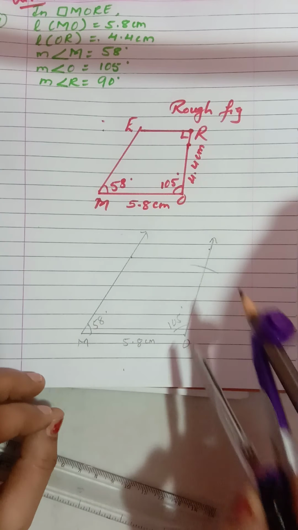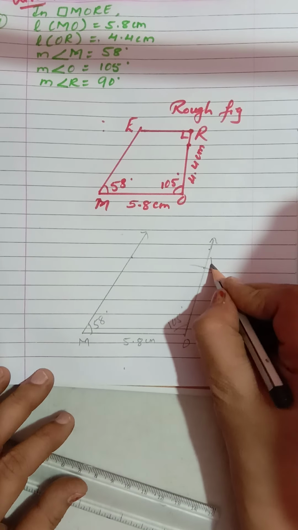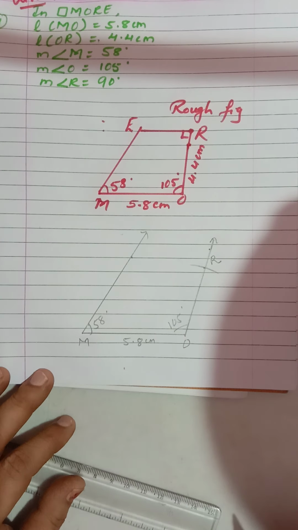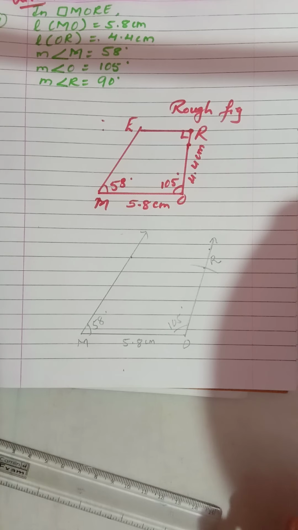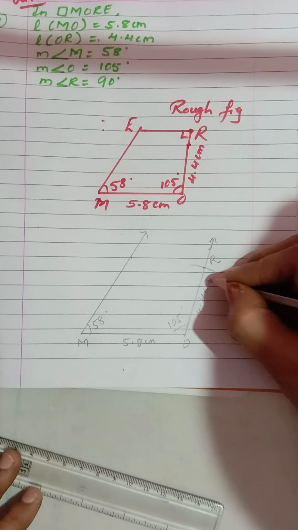The point you have got is your third point, that is R. Now we will write here, this is your 4.4 centimeter.